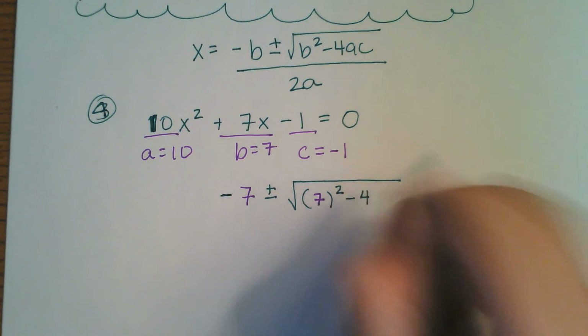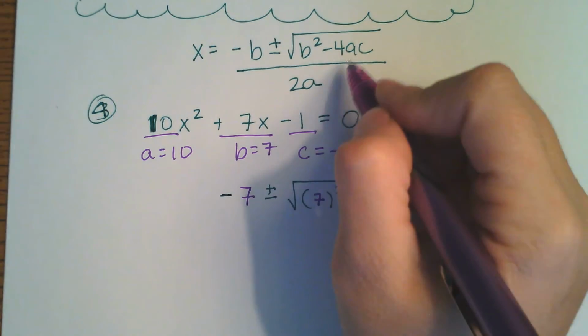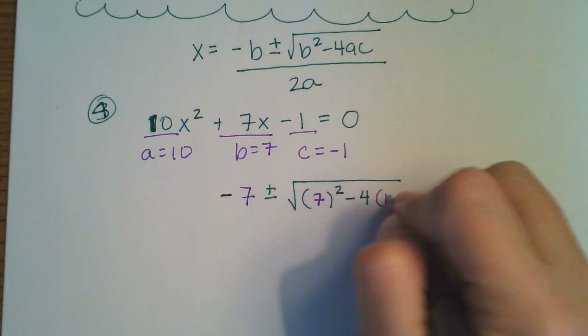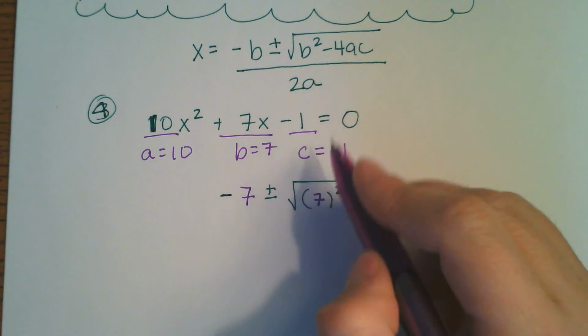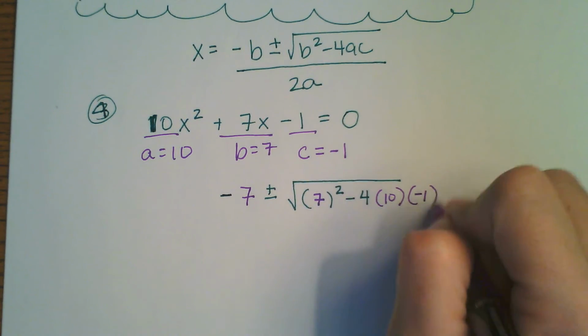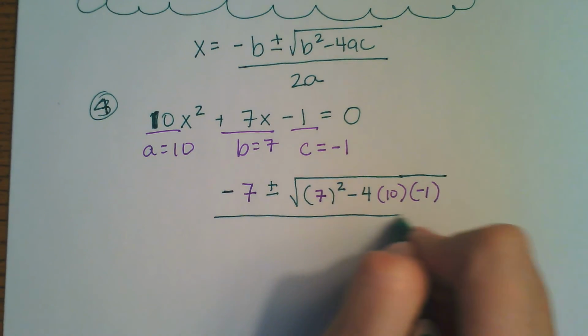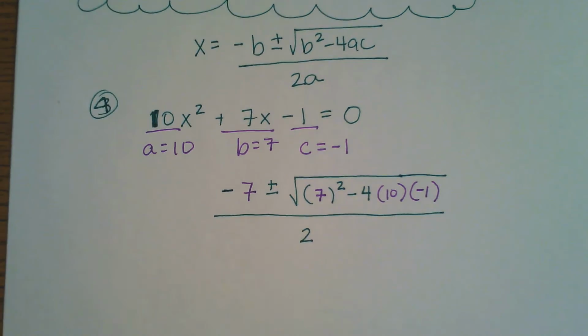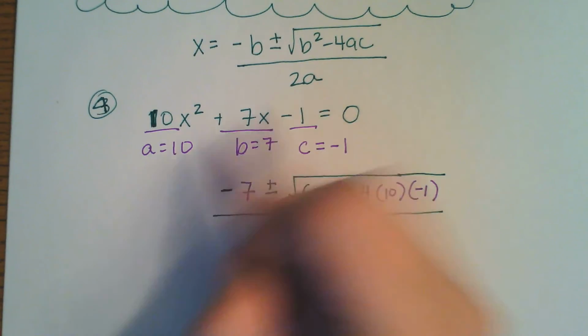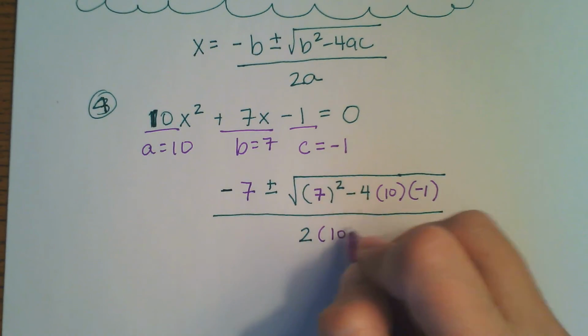Minus 4 times my A value, which is 10, and my C value, which is negative 1, all over 2 times my A value, which is 10.